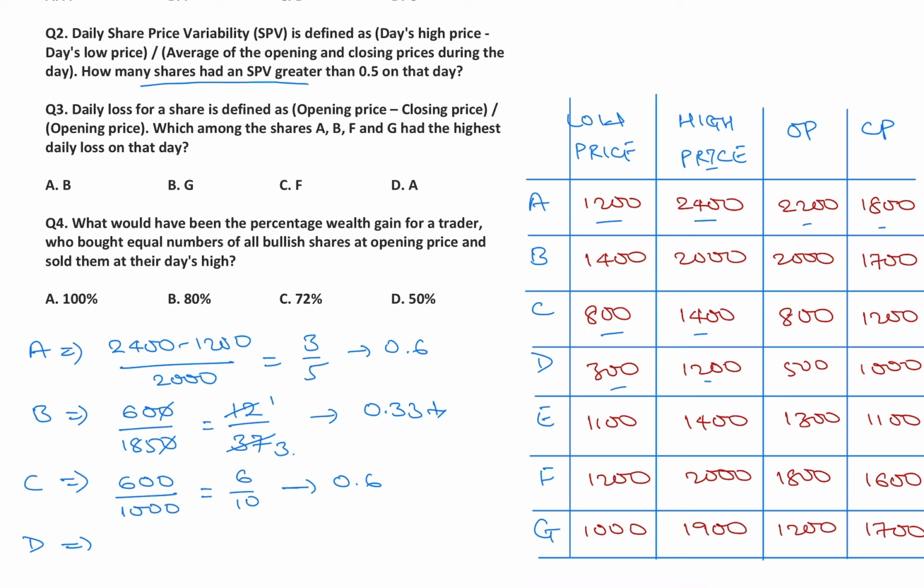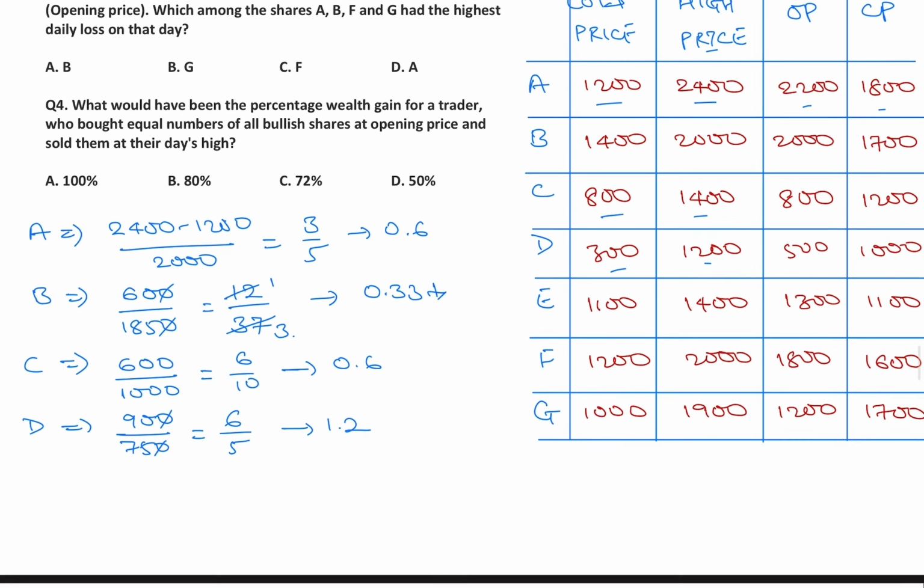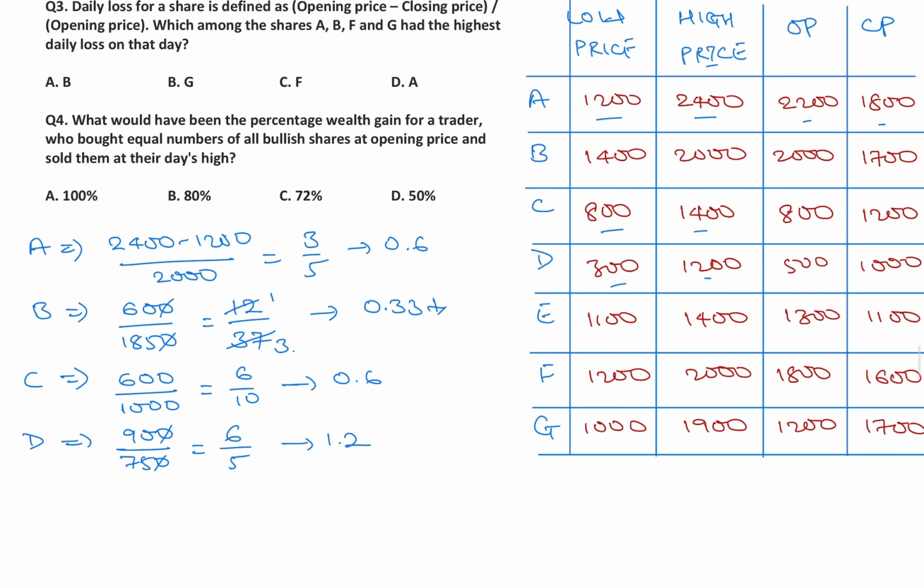That will give me 900 upon the average of 500 and 1000, which is 750. So this will be 90 by 75. 15 5s are 75 and 15 6s are 90. This will be 1.2.